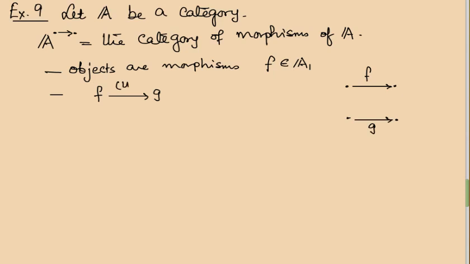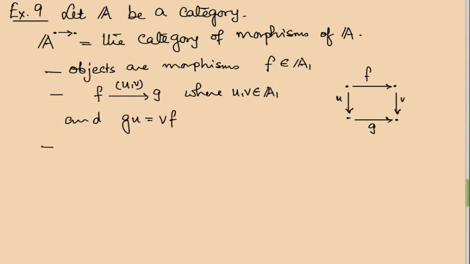So it is just a pair of morphisms U and V, both from A, where GU is VF. This diagram. Obviously by pasting, if you compose, so what would be the composite?